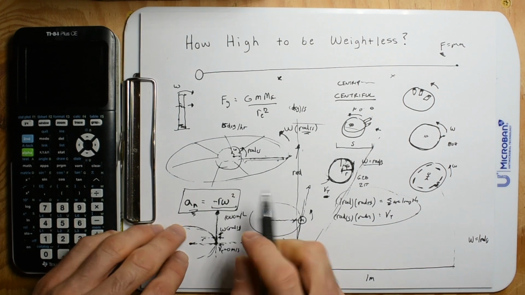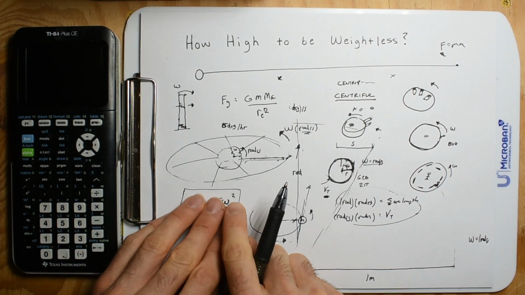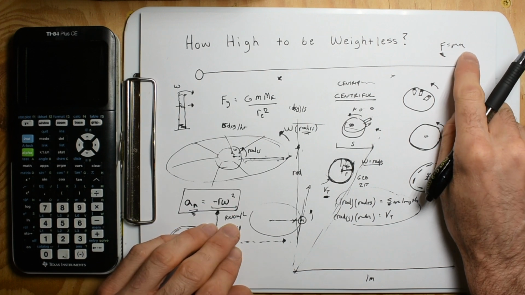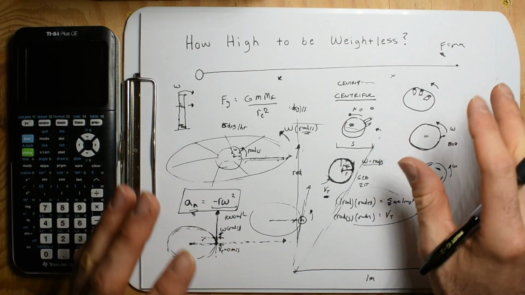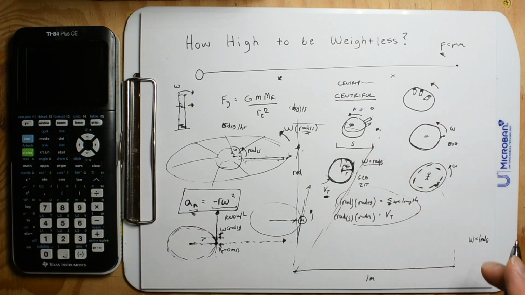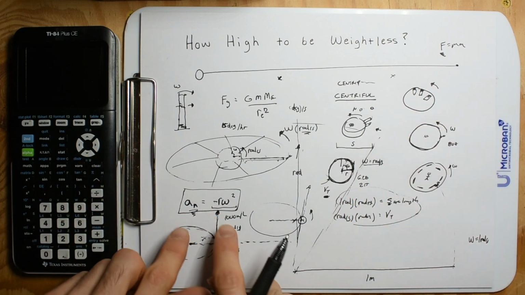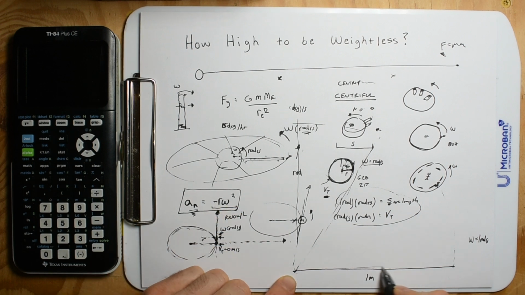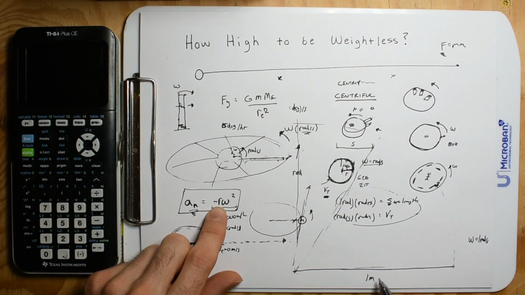But I think this equation is complicated enough, because then we have to actually throw it into the F equals ma part, and I just don't think it's super obvious where you put it in and how you use it.